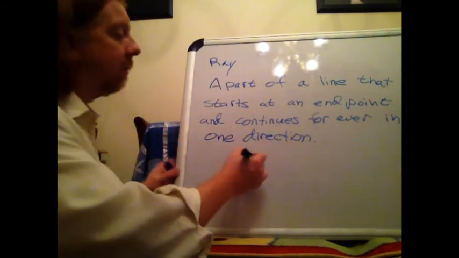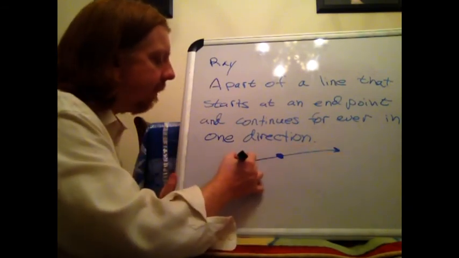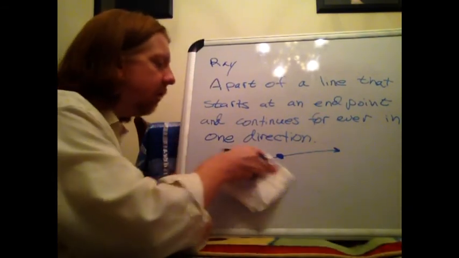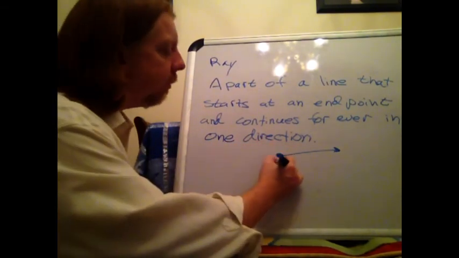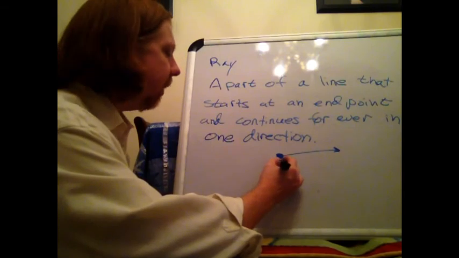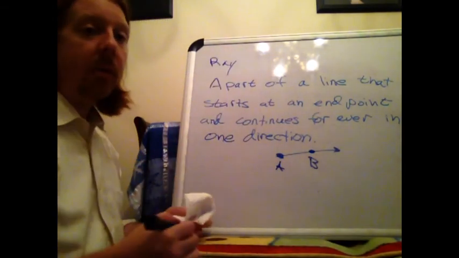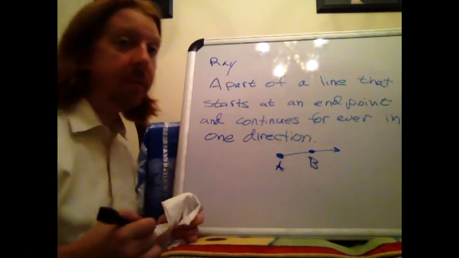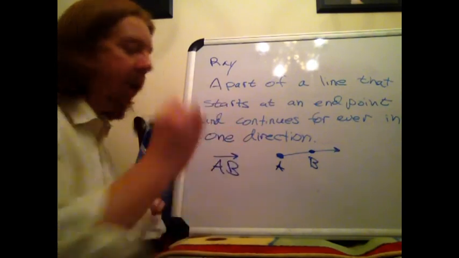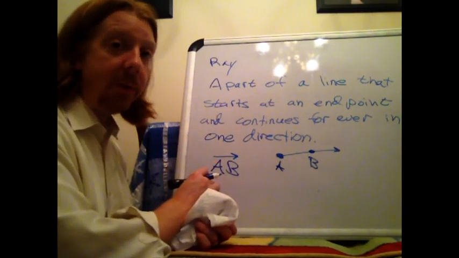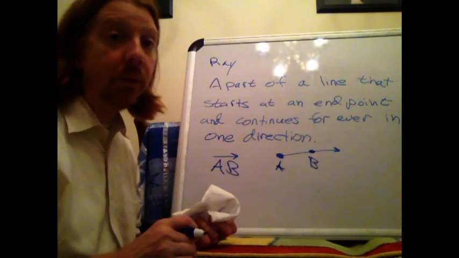You take a line, put a point on it, and then erase the part you don't need. Now you have a ray. And let's say this ray is called ray AB. So A is one endpoint, B is the other point. We would then state its name as AB. Capital A for the starting point, B for the direction we're going, and a single arrow to indicate what direction we're headed.